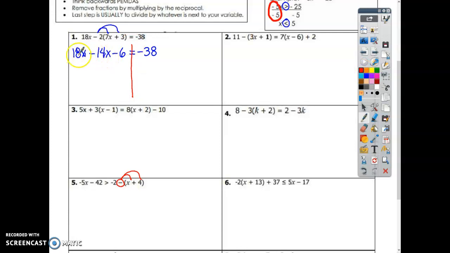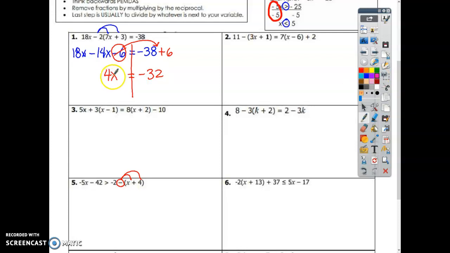I already have my variables on the left side, so all I need to do is move this over here and change the sign to +6. Combine like terms. 18x minus 14x is 4x equals -38 plus 6, which is -32.